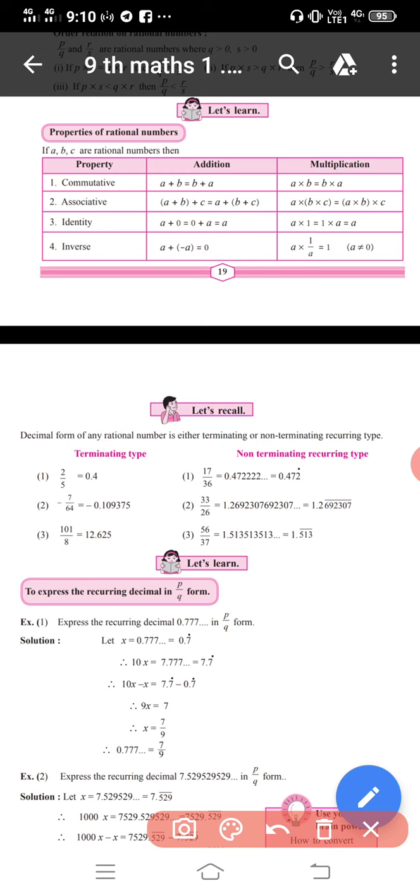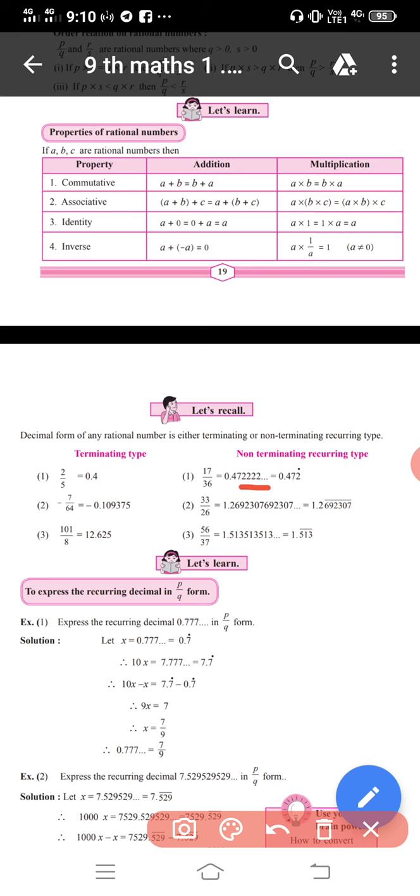And in the non-terminating type, after a few steps we get numbers that are repeated and repeated. In the first example 2 is repeated.